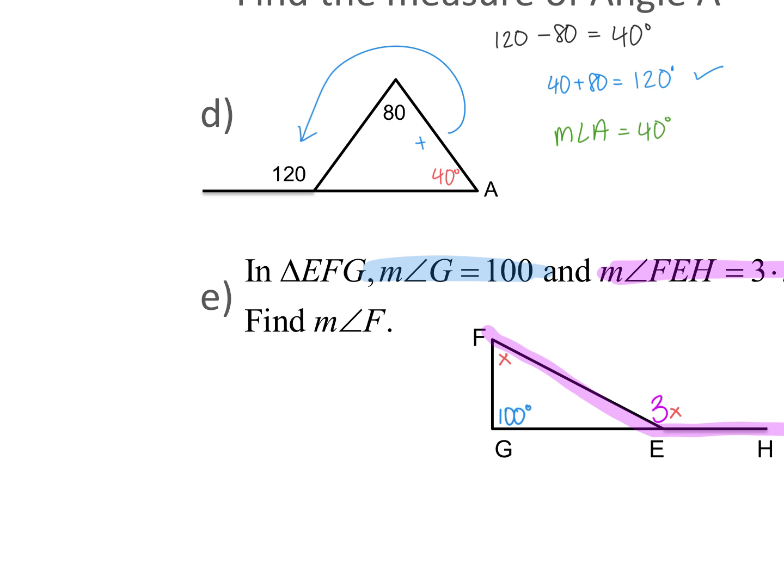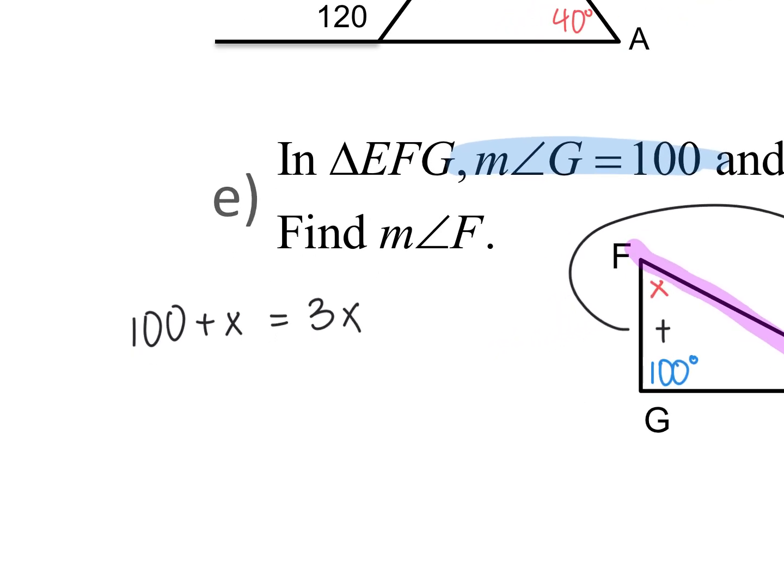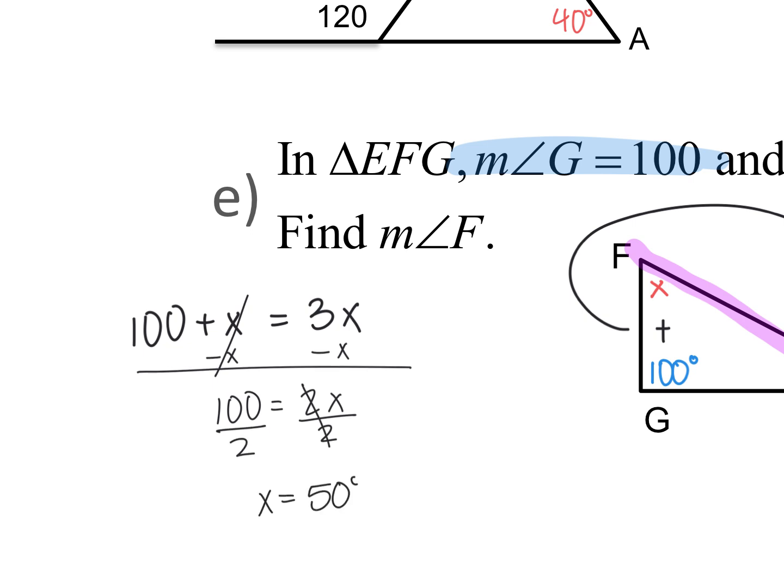Okay, if I add these two interior, they should equal my exterior. So I'm setting it up as 100 plus x equals 3x. And then I'm just solving for my x. This is a regular algebraic equation. Subtract x from both sides. We get 100 equals 2x. Divide both sides by 2. X equals 50 degrees.